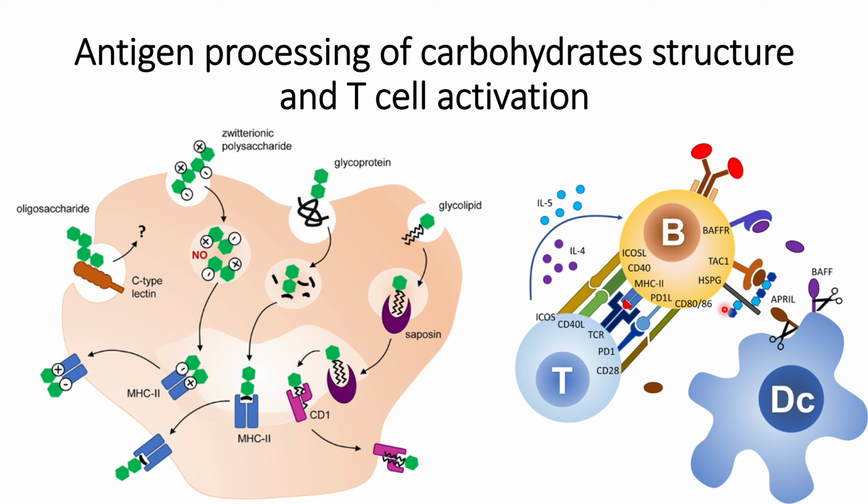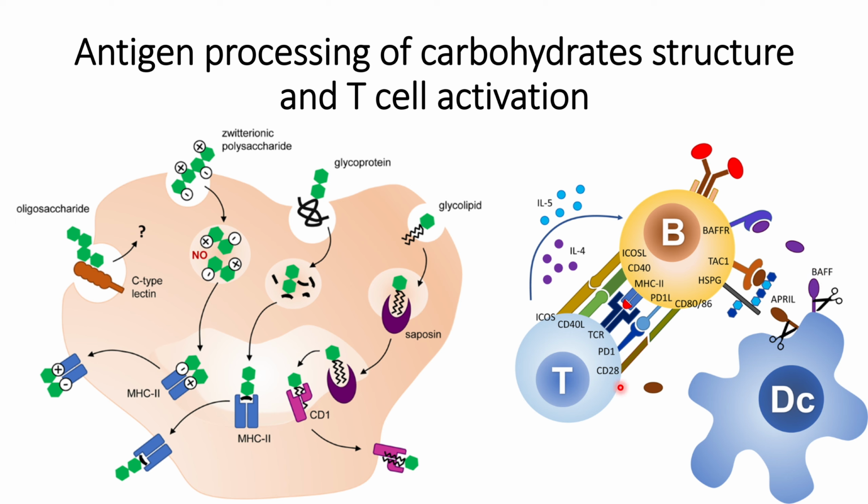Dendritic cells first dock with the help of HSPG. After that, the antigen is exchanged through APRIL and TACI, and simultaneously the interaction of BAFF to BAFFR also needs to happen in order to completely activate the B cells.